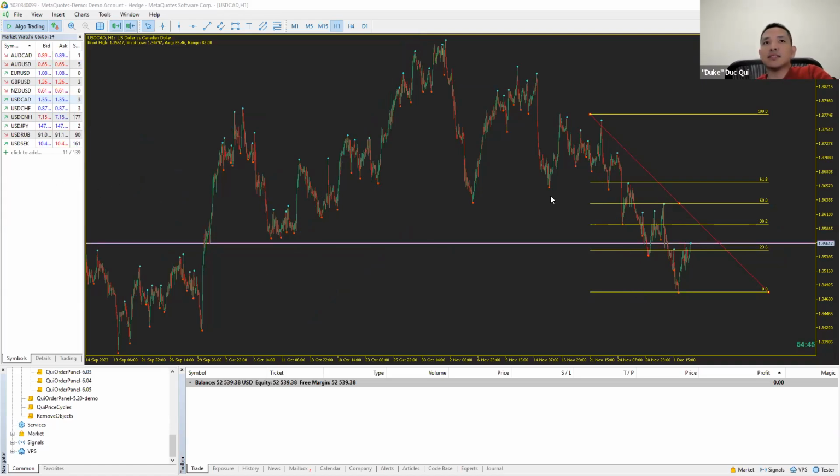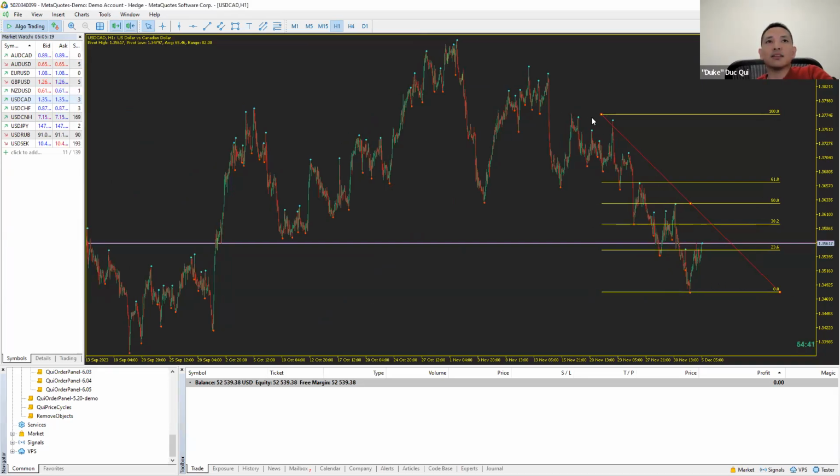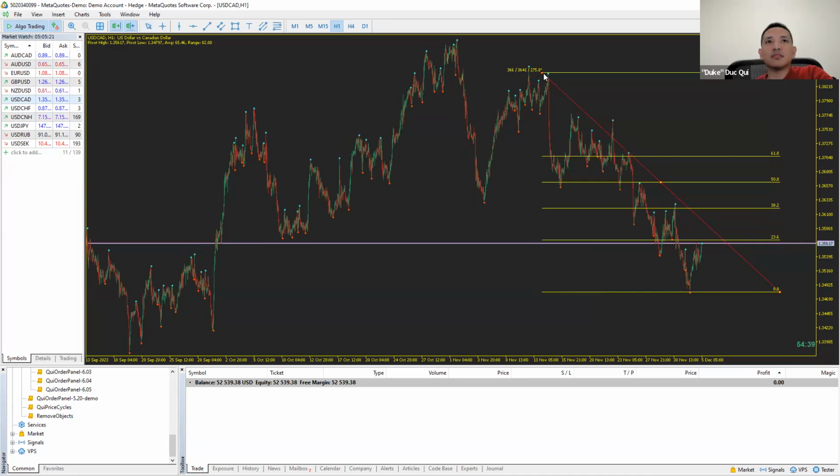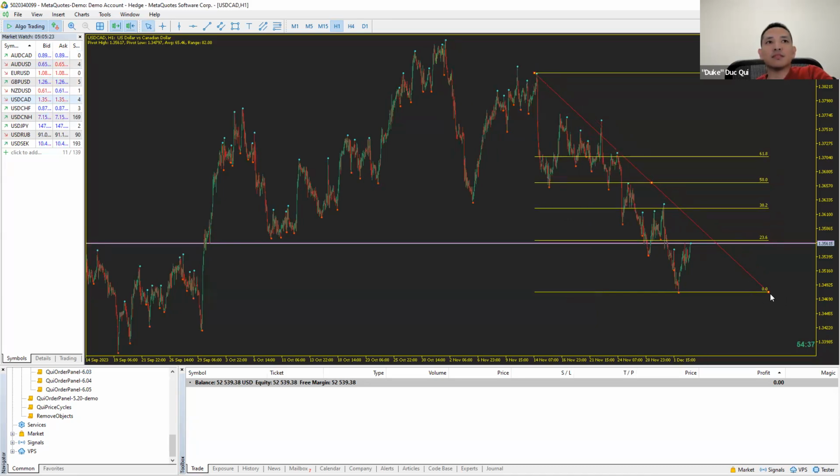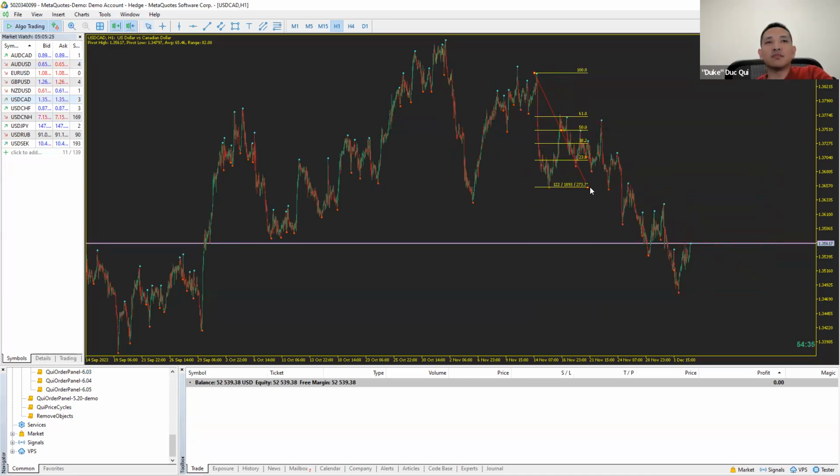Okay, so let's take this fib and I'm going to start with this one. This move, see, this from top to bottom came back 62%. Okay, and then it bounced, right?